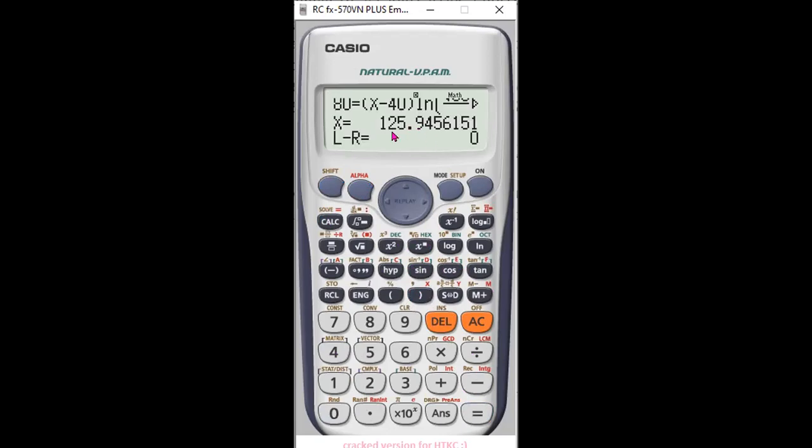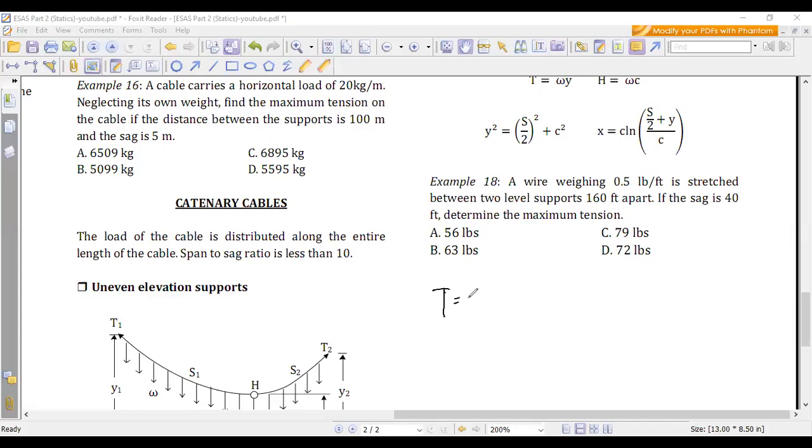So we are given the variable y to be 125.94. So we can now calculate for the tension, that is omega y.